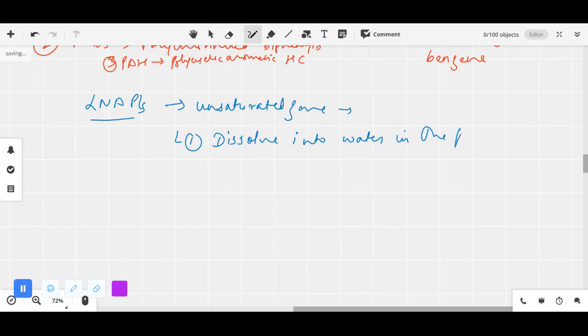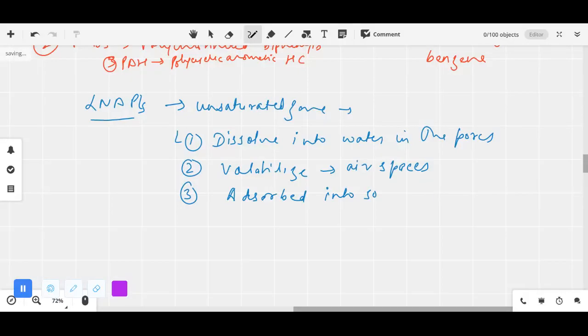The other part of these LNAPLs can volatilize and become mixed with air spaces. And some part of these LNAPLs, when it enters the unsaturated zone, can be absorbed into soil particles.